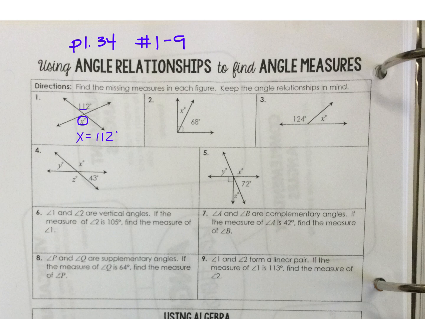This one, it's a little bit different. That makes a right angle. So I'm going to have to use my part plus my part equals my whole, which is 90 degrees. So figure out what X is here.